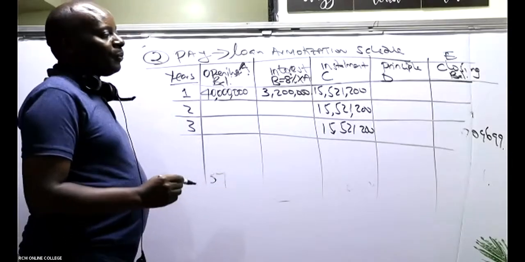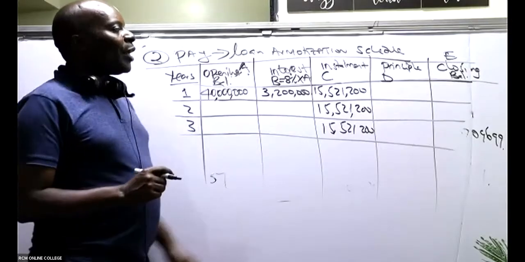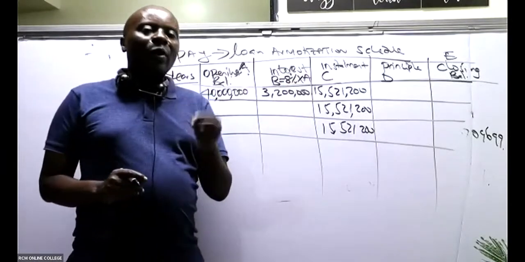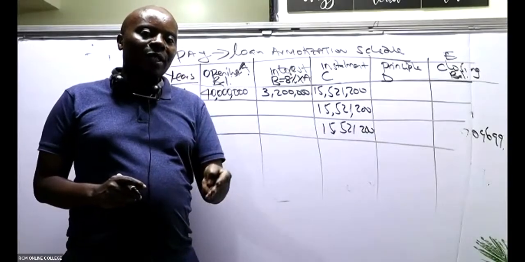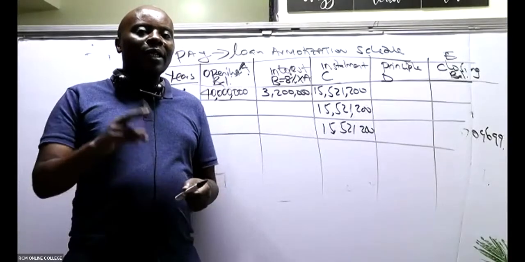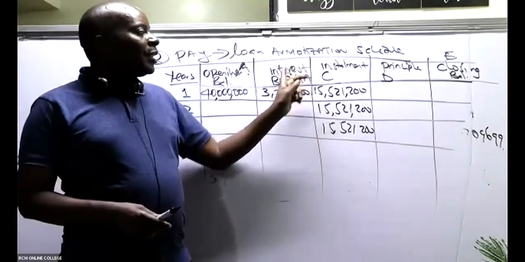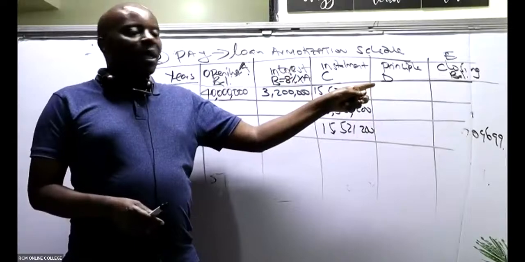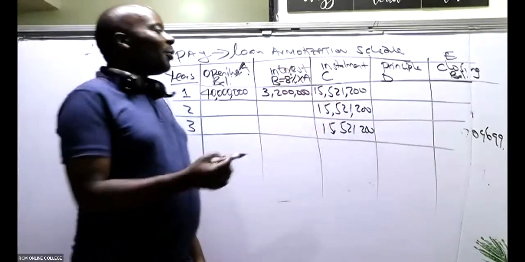Ladies and gentlemen, you know that whenever we pay an installment, it covers two things. It covers interest, and it covers the principal. So basically, this installment is interest plus principal. Now that I have interest and I have installment, then to get principal is very easy.